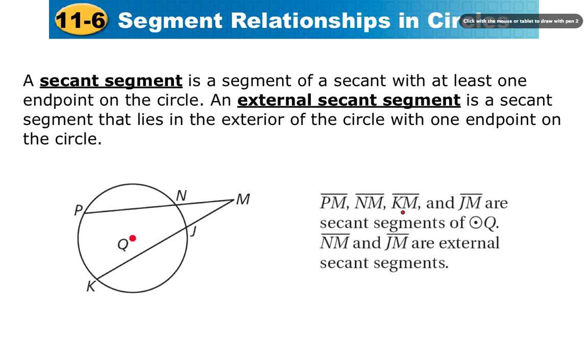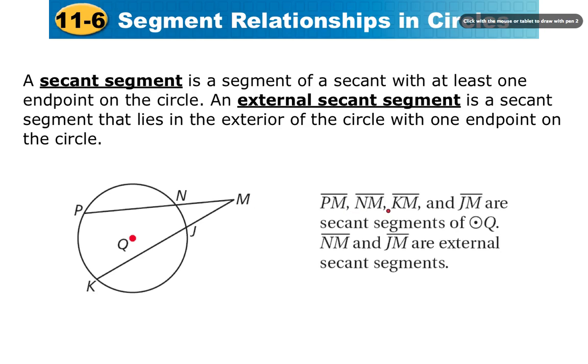Next one is we're reviewing some vocabulary. Secant segment is a segment of a secant with at least one endpoint on the circle. And an external secant segment is a secant segment that lies in the exterior of the circle with one endpoint on the circle. So let's see what this says.